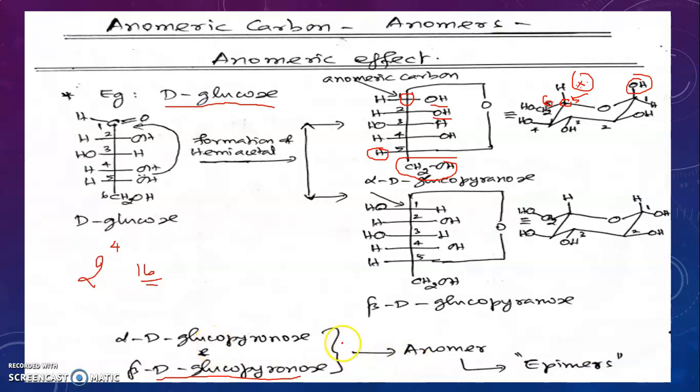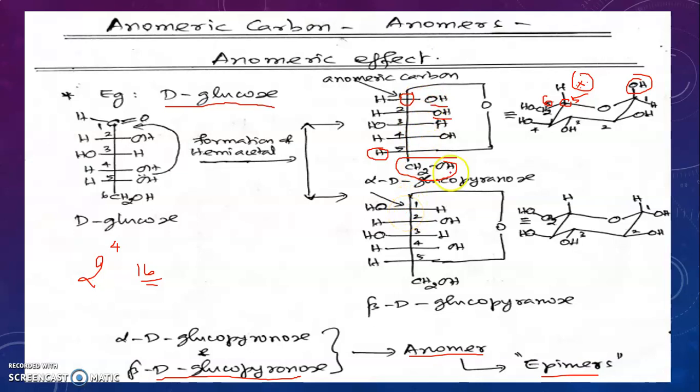Then, alpha D glucose and beta D glucose are called anomers. Listen, anomers are epimers, right? Anomers are epimers because they differ only in one chiral carbon. All other chiral carbons have similar orientation of groups; only in chiral carbon 1 the orientation is different.